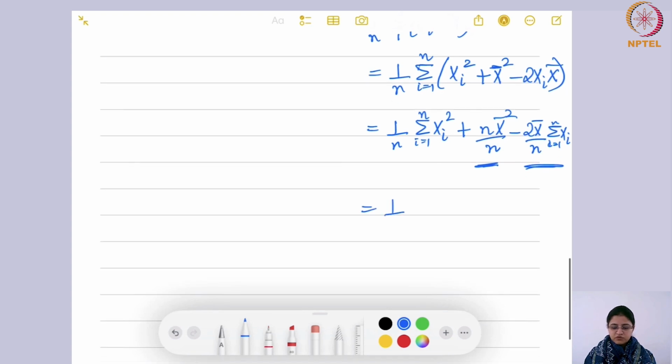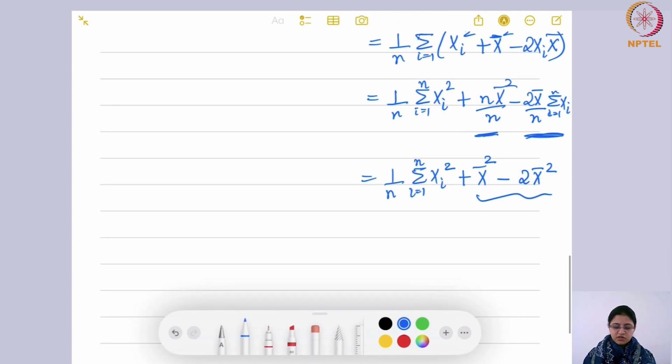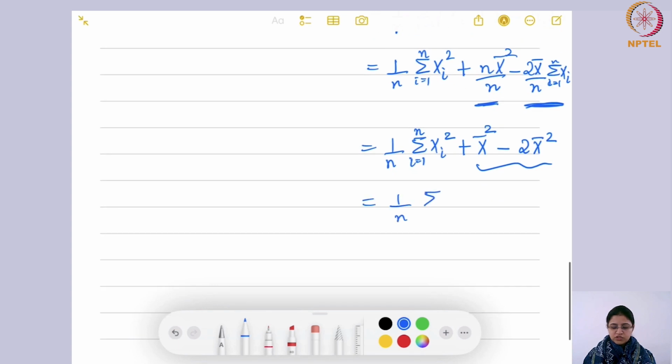So this is 1 over n summation xi square plus x bar square from the second term, minus twice x bar square, because one x bar comes from summation xi by n. When you solve this, you get 1 over n summation xi square minus x bar square, where i goes from 1 to n.